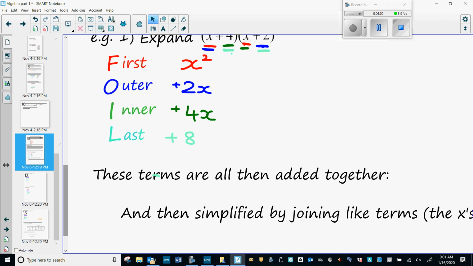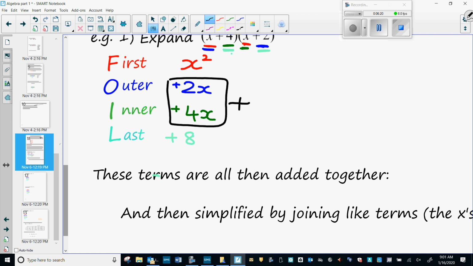Sometimes people can't spell and they do F-I-L-O or something of that nature, or F-L-O-I. Whatever they do, they don't have it in that order. But you're always looking for like terms. We know in algebra we join like terms. So in this case, these are the two we're going to join together and we are adding them. And as I said last lesson, when we're joining like terms, the signs are super important.